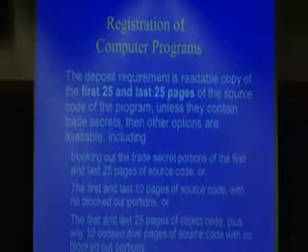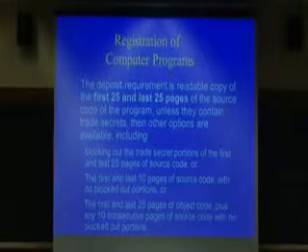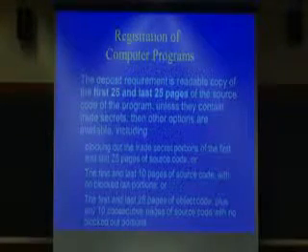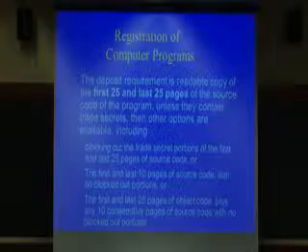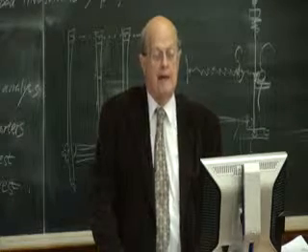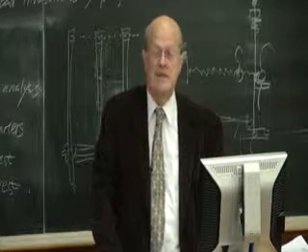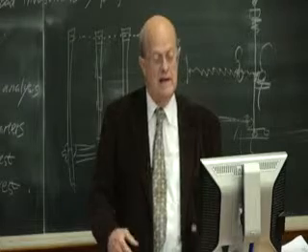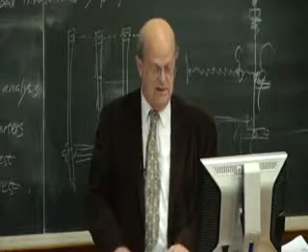For computer programs, you don't deposit necessarily an entire copy. You're supposed to disclose the first 25 and the last 25 pages of the source code of the program if it's printed out, unless they contain trade secrets, in which case there are all kinds of alternatives.